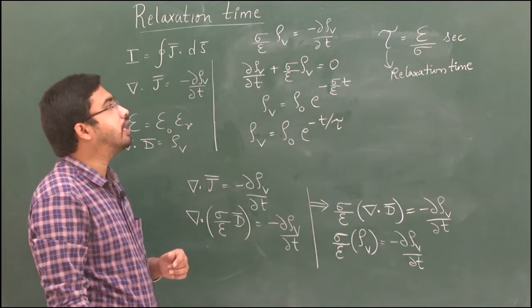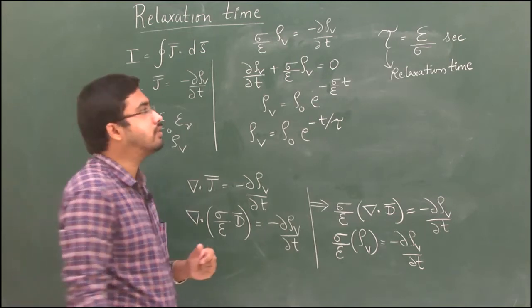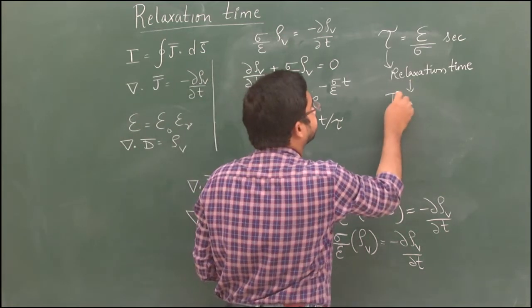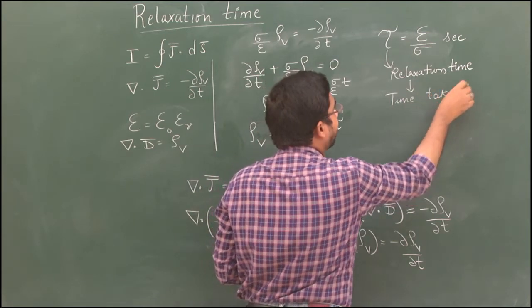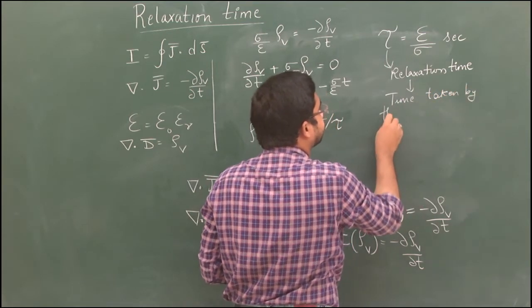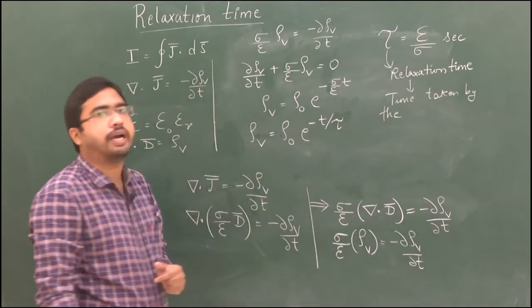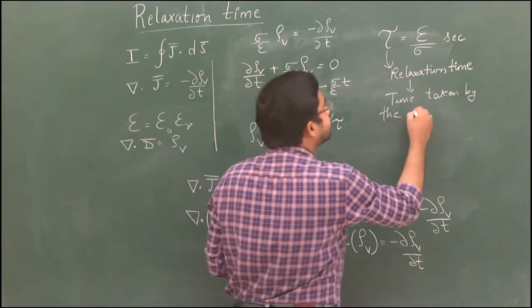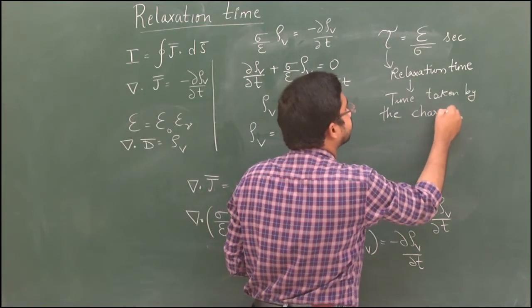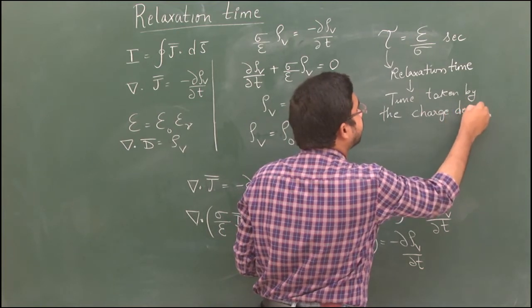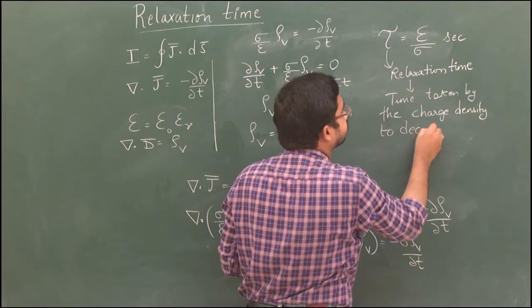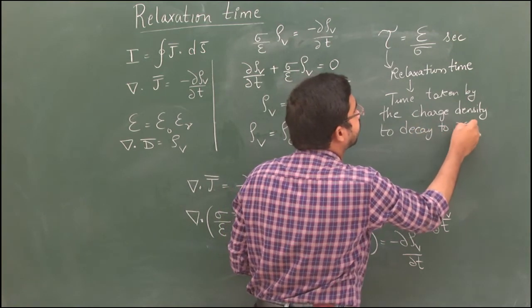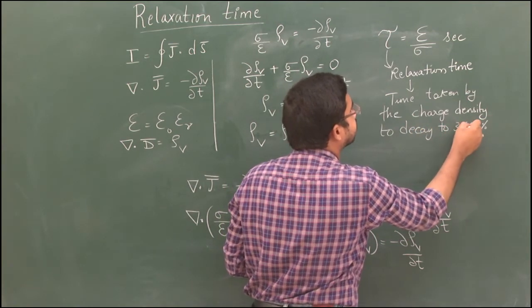Now how can we define relaxation time? It is the time taken by the charge density to decay to 36.8% of its initial value.